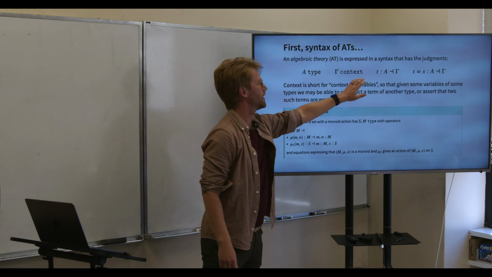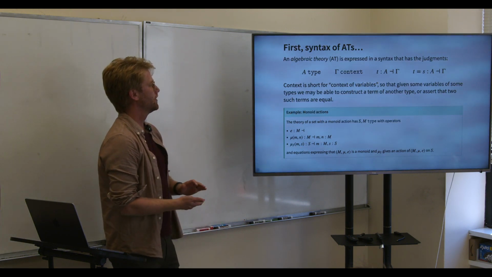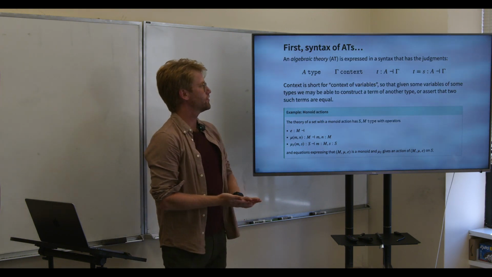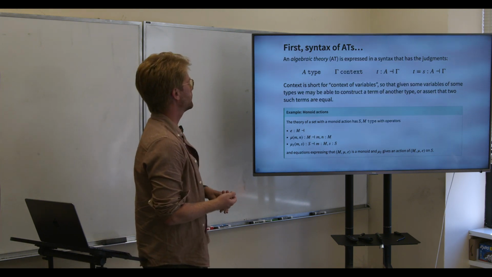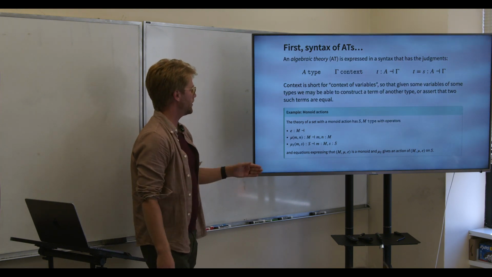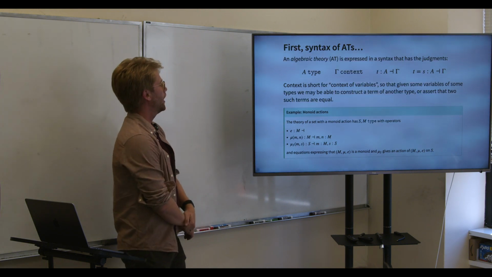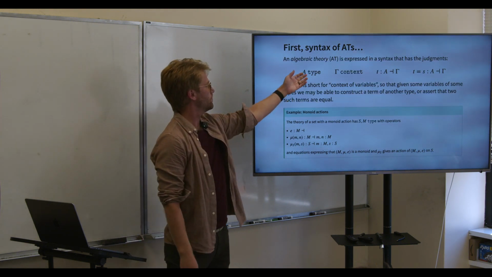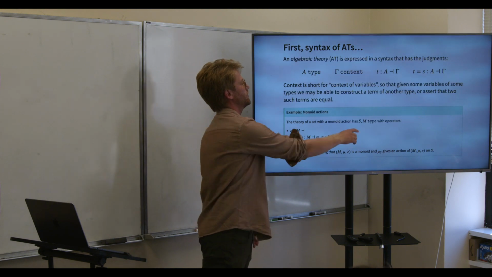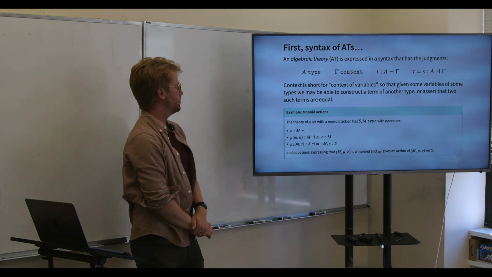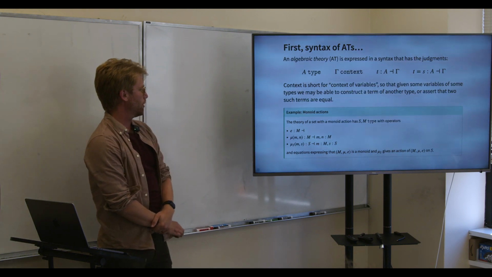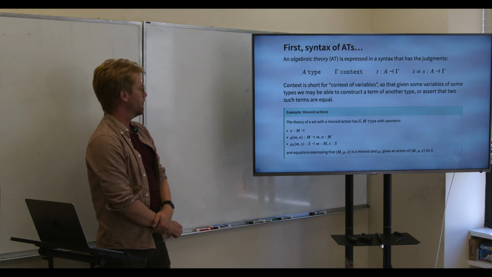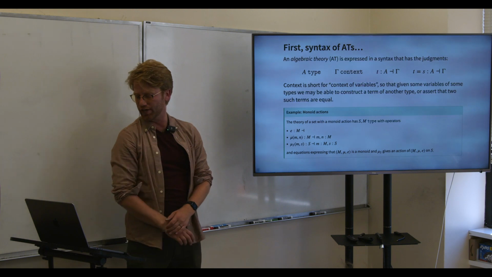You're allowed to make these kinds of statements, and that notation looks normal if you like type theory, and if you don't, looks pretty mysterious. So there's an example here. You have some sorts, and they can have terms in the context of some introduced variables. So this is the theory of a monoid with an action on it, phrased in this syntax.